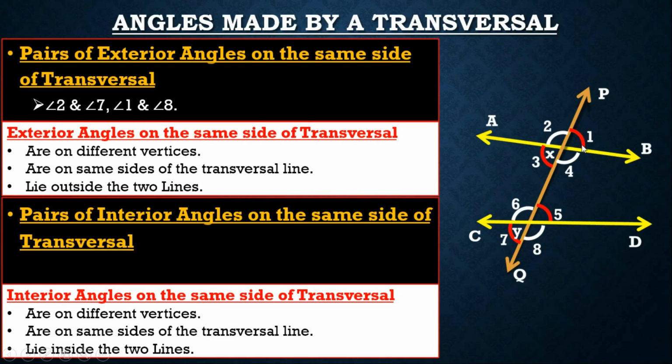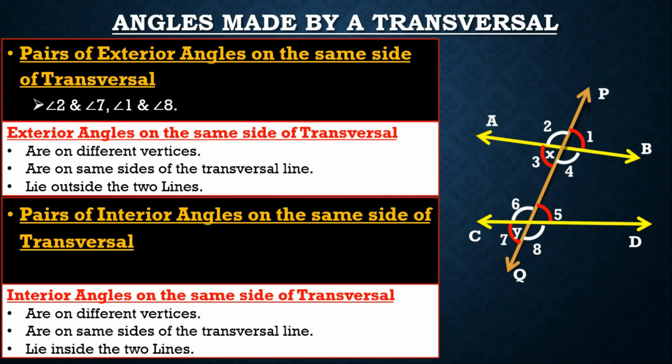Why? Because angle BXY and angle DYX contain one arm as the segment XY, and the other arms are lying on one side of the transversal line, and hence angle 4 and angle 5 is one pair of interior angles.